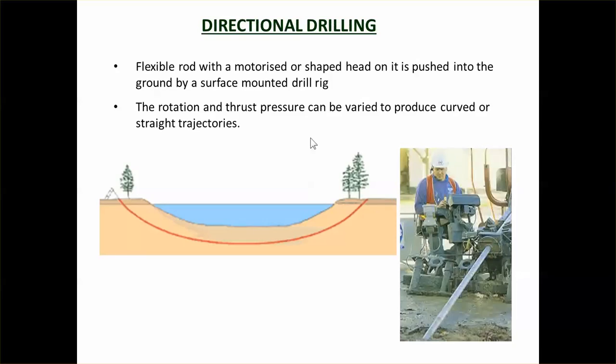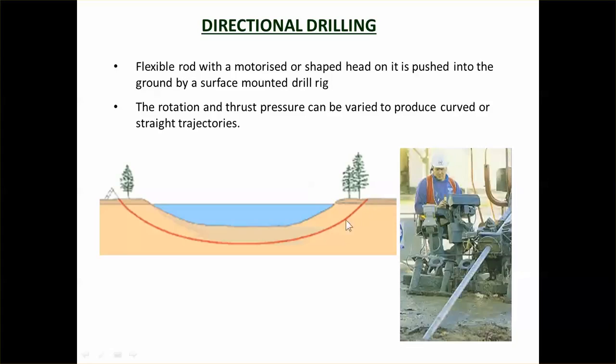So directional drilling is the most common way of trenchless technology, and you have a flexible rod with a motorized or shaped head. And so what you've got there is you've got the rod there, you've got a machine there sort of turning the rod, and the rod is flexible to a point. So you drill a pilot hole, and then you get a back reaming tool which will make the hole a bit bigger.